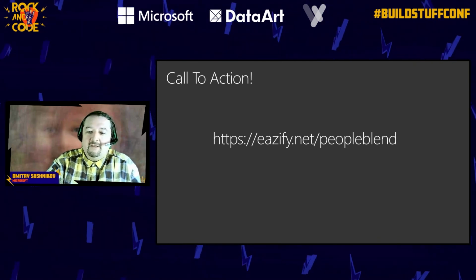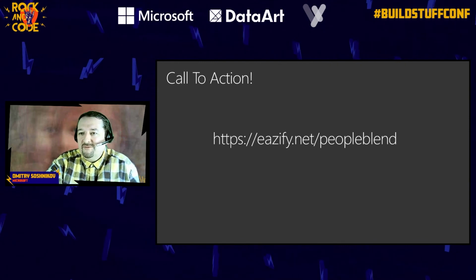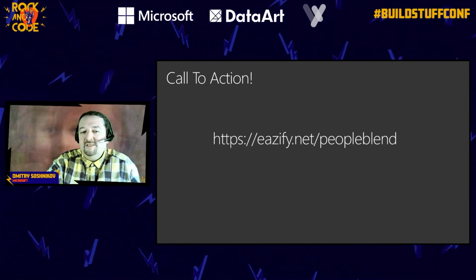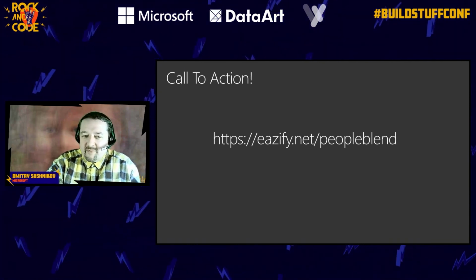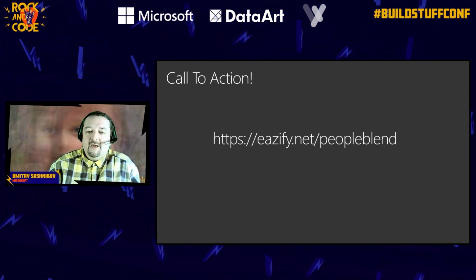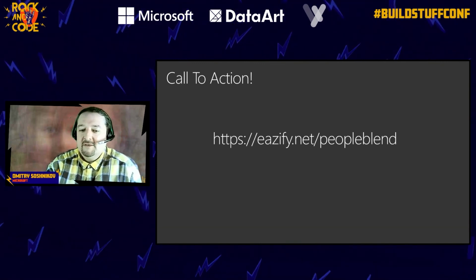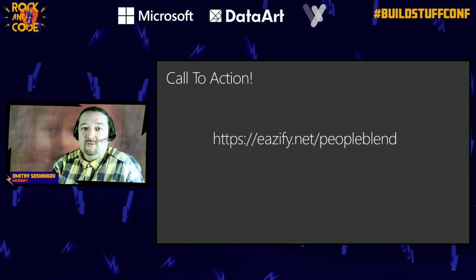So let's create the blended picture of all the conference visitors, of all you who are listening to my talk. And that's easy. Just go to this web page and allow it to access your web camera. Click take a picture and wait and observe the beautiful result. You can even do it a few times, and you can even share this link with your friends as well.